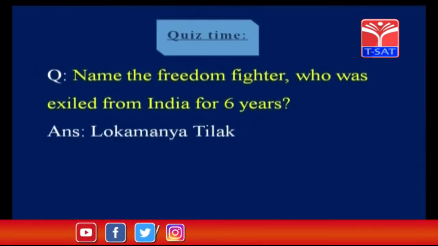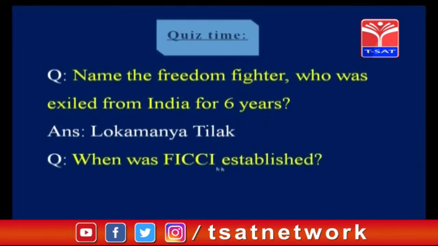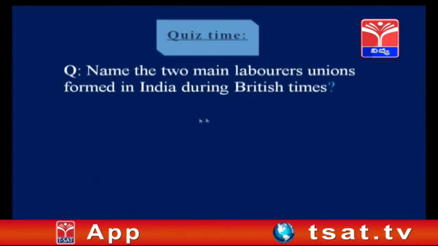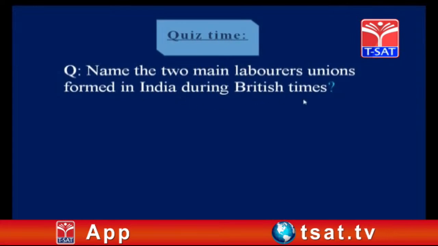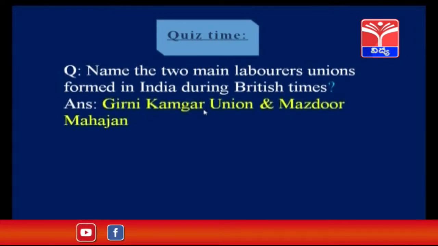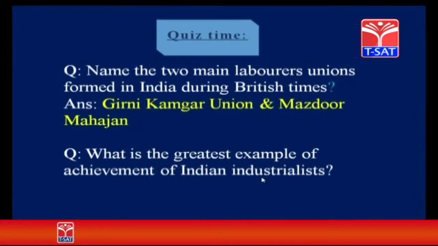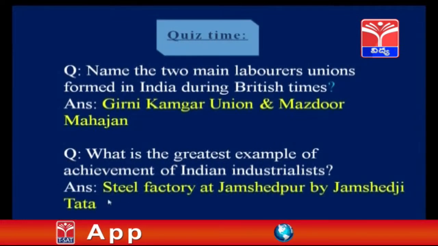Yes, it is Lokamanya Tilak. And when was FICCI established? It is in 1927. Name the two main laborers' unions formed in India during British times. Girni Kamgar Union and Mazdoor Mahajan. And what is the greatest example of achievement of Indian industrialists? Yes, it is the steel factory at Jamshedpur by Jamshedji Tata.